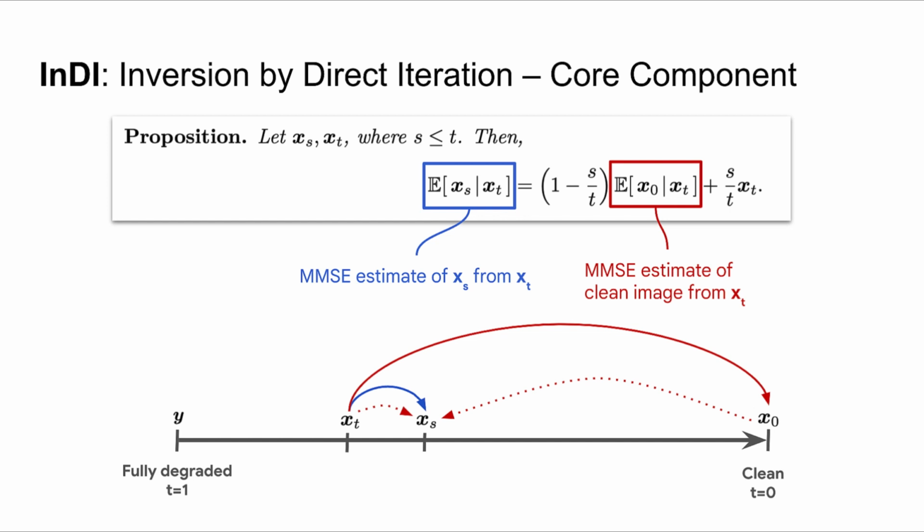Specifically, the proposition says that if we want to estimate the image x with intermediate degradation at time s, given that we know xt, we can get it by estimating the clean image x0 and then doing a convex combination with the current degraded image xt.